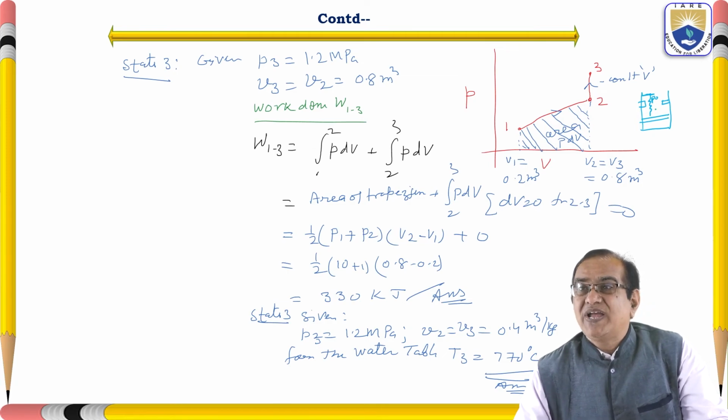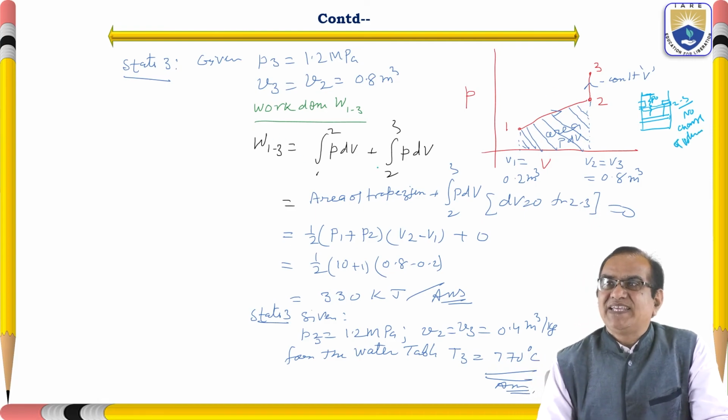As and when this piston is moving upward, it is hitting here. After hitting here, the volume will not change. So here between 2 and 3, no change of volume takes place.